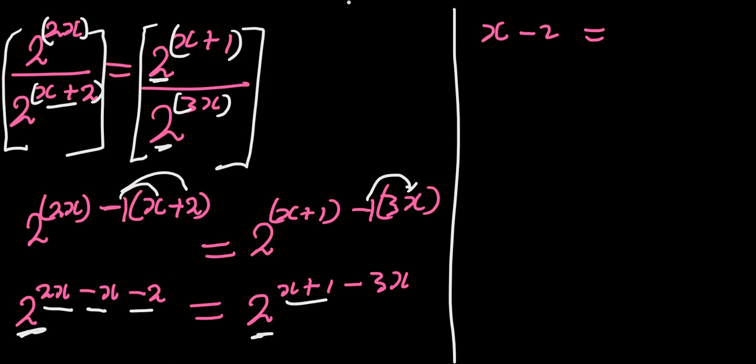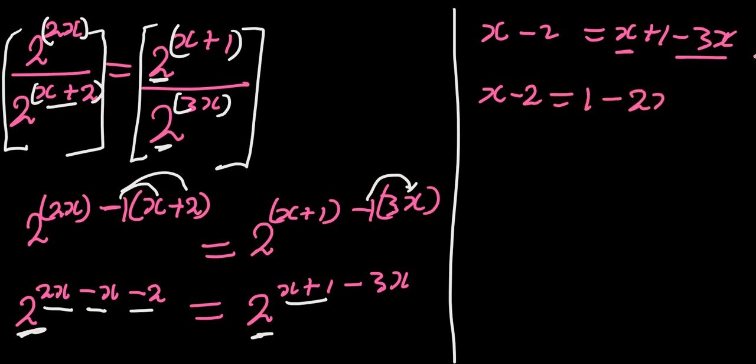So we have x plus 1 minus 3x. If we combine like terms now, this is x and this is -3x. So x minus 3x is going to give us -2x. So this will become x minus 2 is equal to 1 minus 2x.